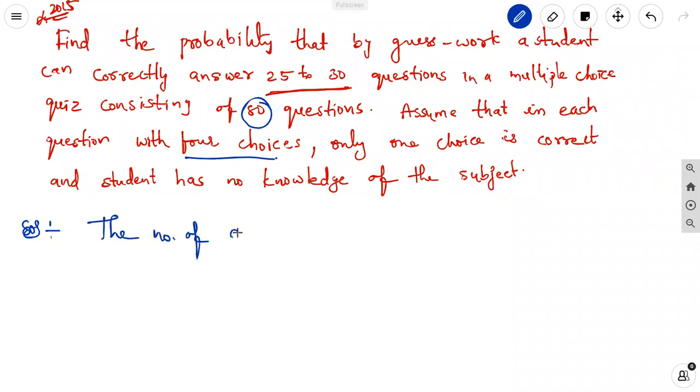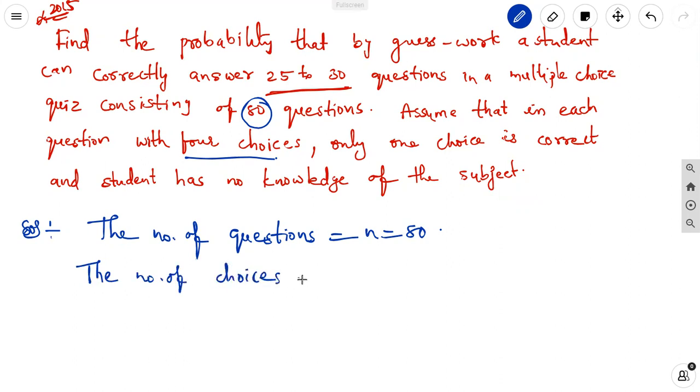How many are there? The number of questions is small n equal to 80. And in that, probability that by guesswork means here the total number of choices in a question is equal to 4.